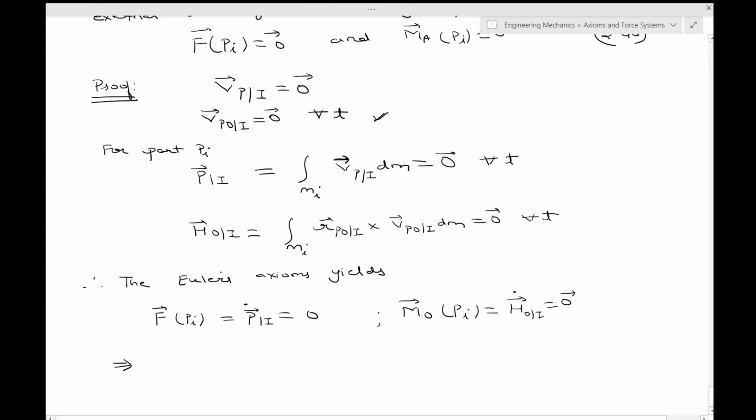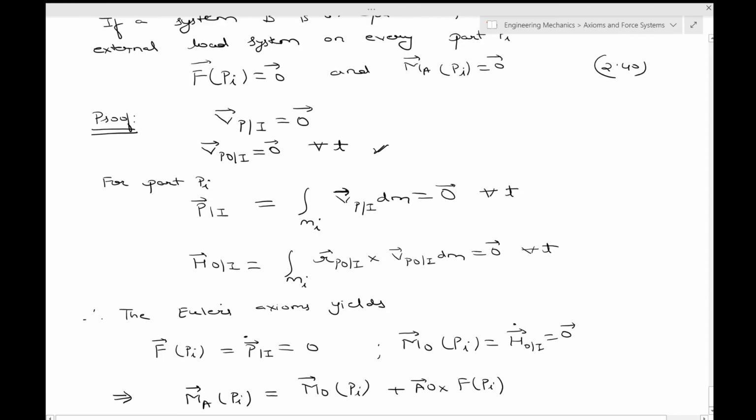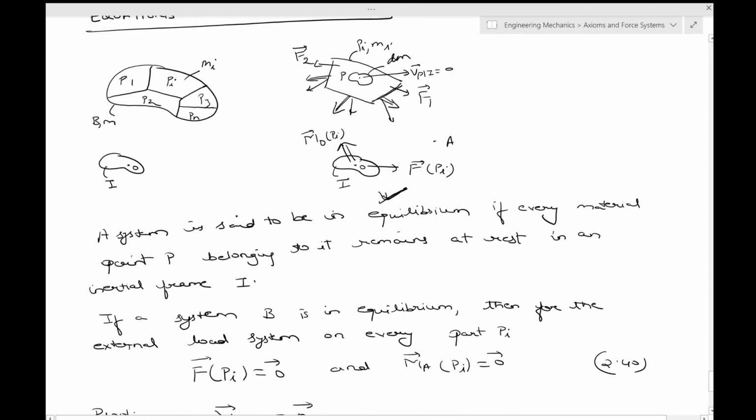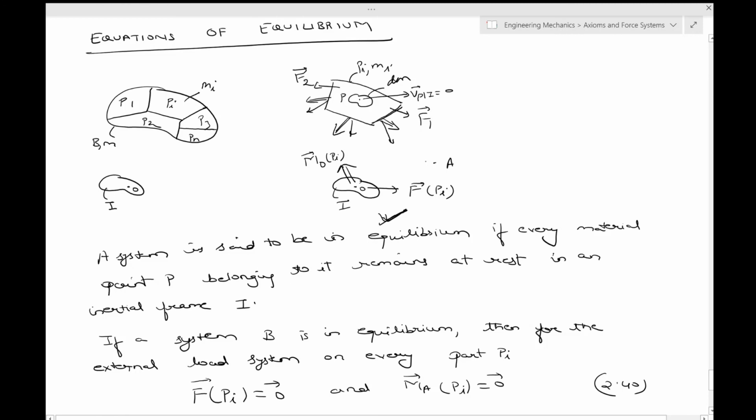If you want to write now the moment of this part Pi about an arbitrary point A, it will be by this relation which we have used many times until now, plus AO cross F of Pi. So this is an arbitrary point A, and you want to write the moment about this point of this part Pi.